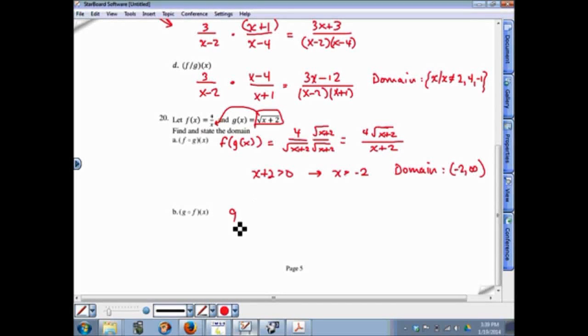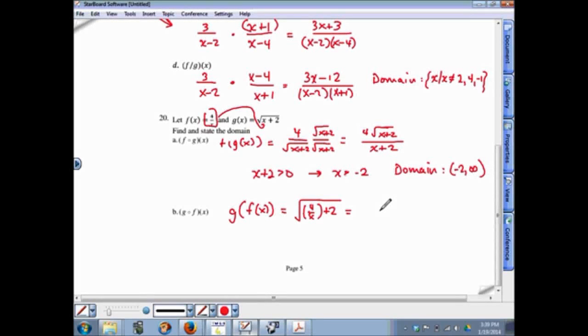Now the part B here, g of f of x, means that the f function, so now I'm going to write this one another way. This f function here is going to go inside of the g function for that x right there. So the composition is going to be the square root of the input 4 over x plus 2.